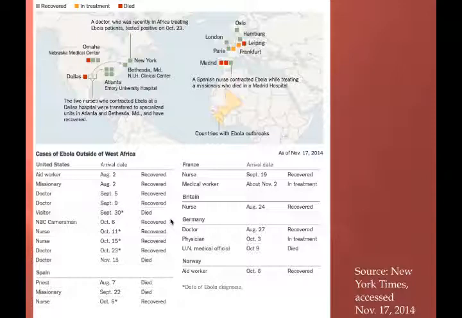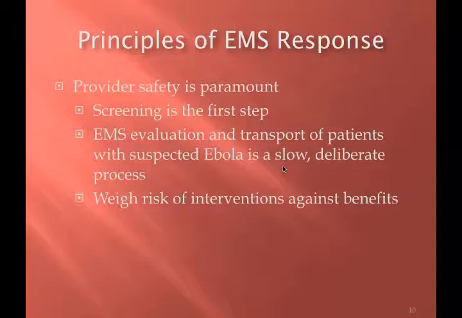So the cases where we have healthcare workers infected were in this initial hospital that was affected, and I think this hospital was not unreasonably caught by surprise and not prepared to do all of the things necessary to care for this. And then this summarizes some of the cases that are in other places outside of West Africa. So again, very small numbers, but a lower case fatality rate than we're seeing in Africa.